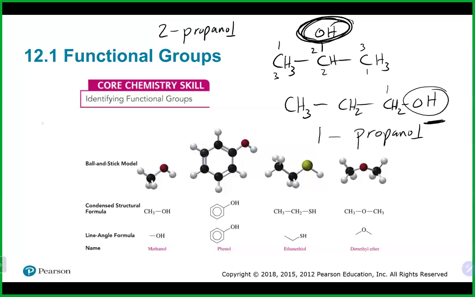So if I had something like this, I'll just try to make it up here and see how we do. All right, why don't you give it a go, see what you end up with in terms of a name on this one.